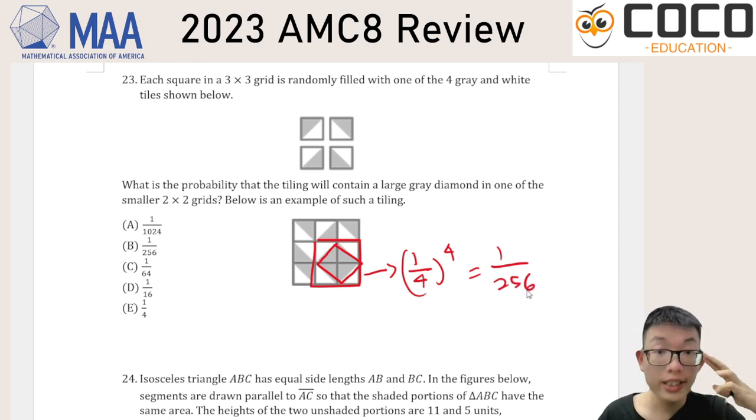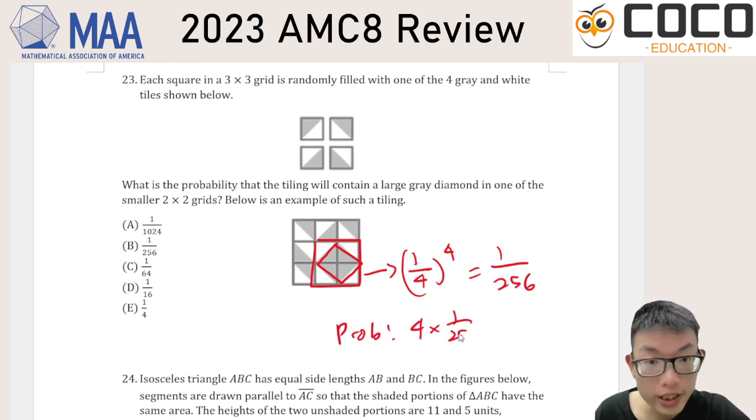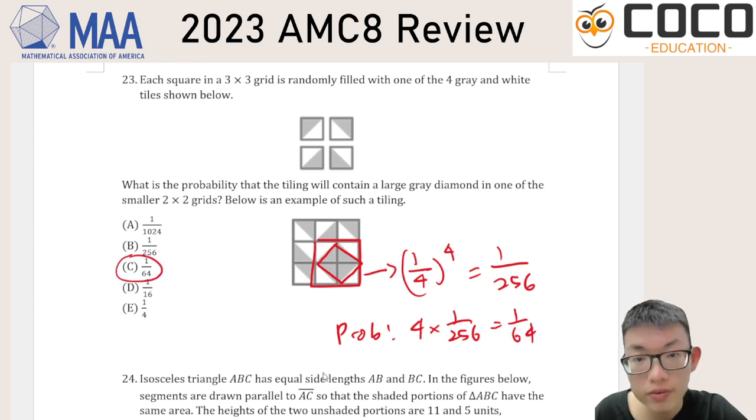And so if we have 4 different chances to make this happen, your probability would be 4 times this, which is 1 over 64.